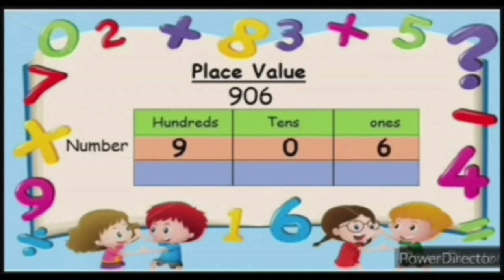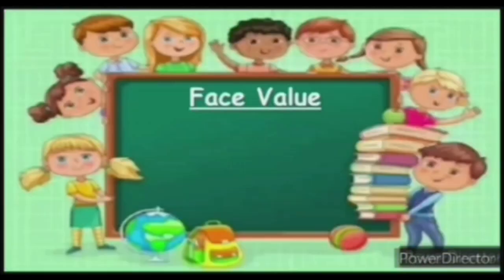The place value of number 9 is 900 because it is at hundreds place. The place value of number 0 is 0 as there are 0 tens. The place value of number 6 is 6 because it is in ones place.